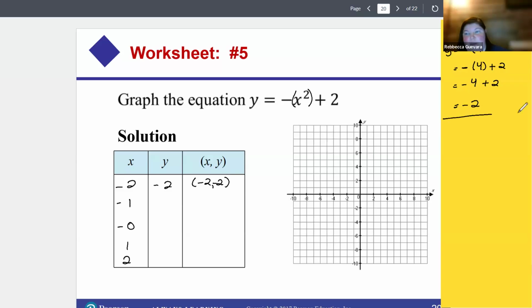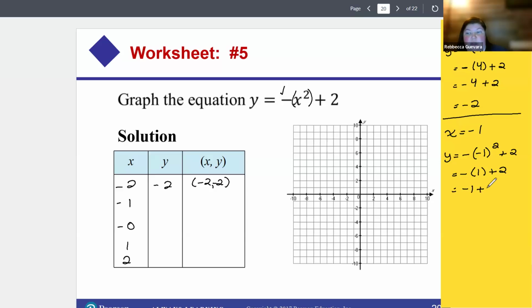So we'll see that again, but we're going to do the -1. So x is -1. So y, this negative is on the outside, but we're going to take x, which is going to be -1 is what was replaced with squared. So it's -1, -1 squared is just 1.